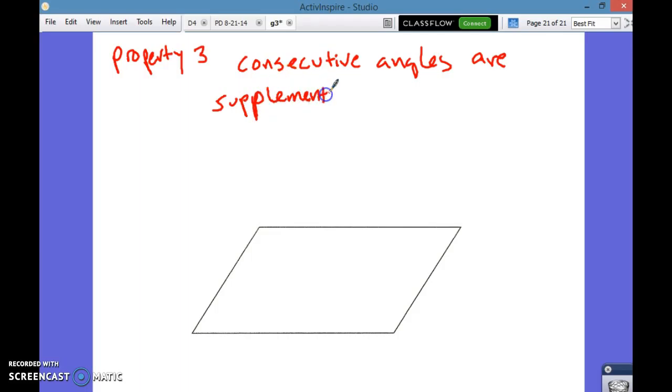Just in case you forgot what supplementary was, this means two angles that add up to 180.